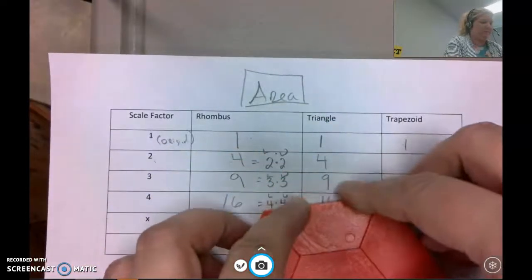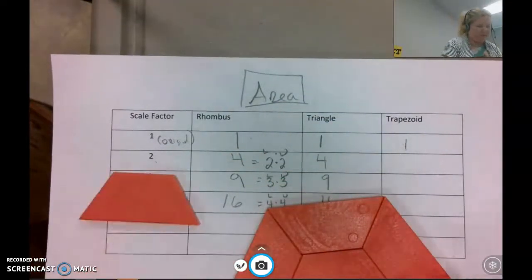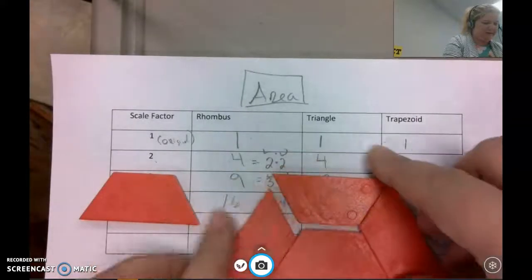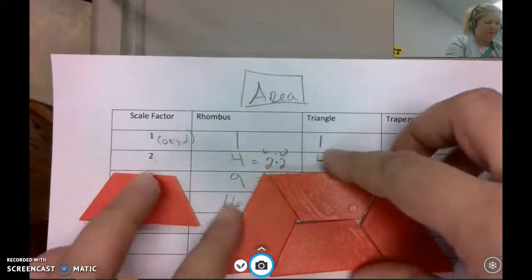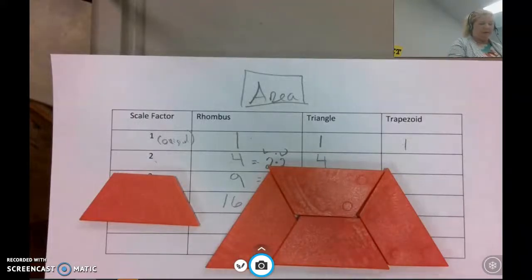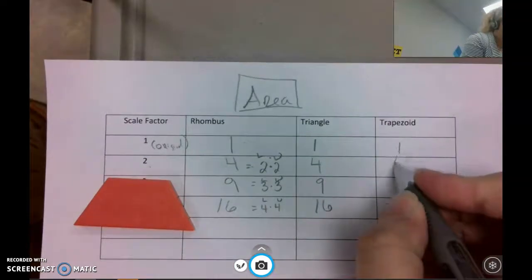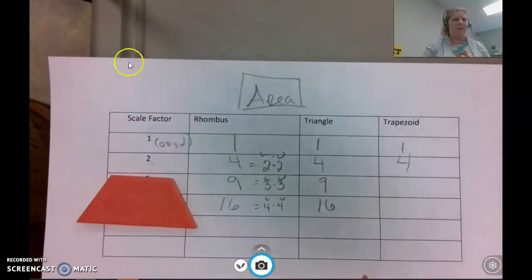Okay, so let me show you the original. Okay, and here it is twice as tall, twice as wide. So the new area, when I've doubled the length and the width, 1, 2, 3, 4. Okay, and I will show you a picture of the other iterations.